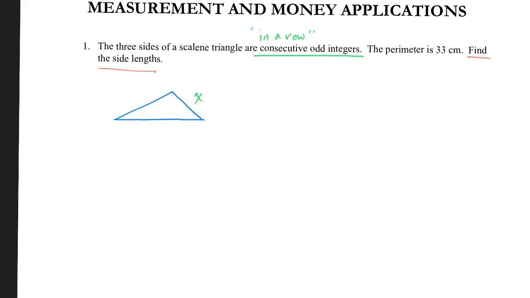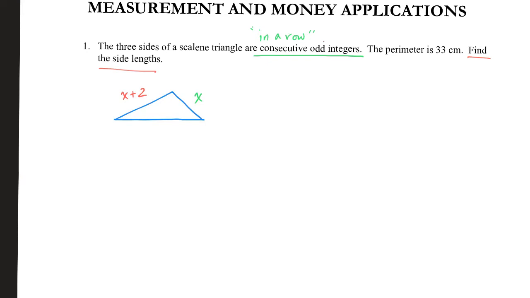Whether you label it an x, an a, or whatever, who cares? But as soon as I define my smallest side as an x, then my other 2 sides have already been defined. So, if x is my smallest side, then my next bigger side must be x plus 2.